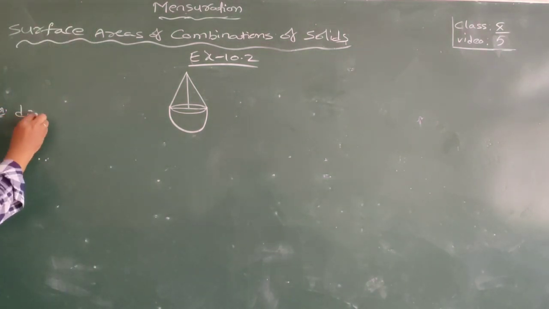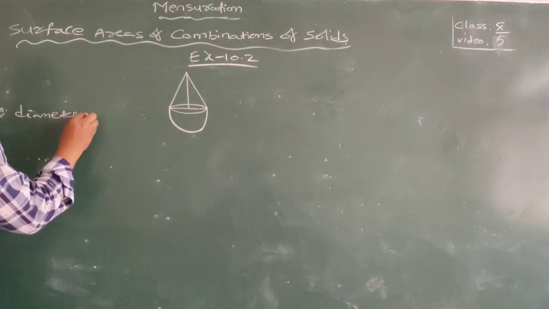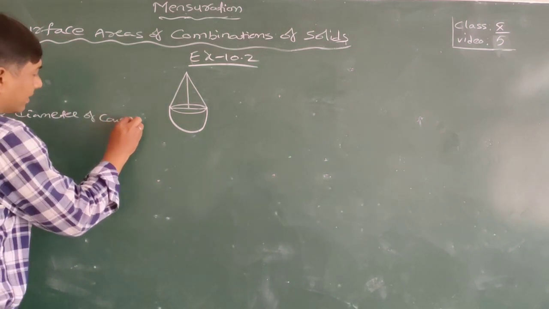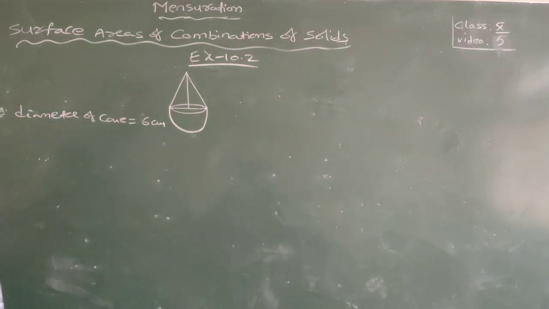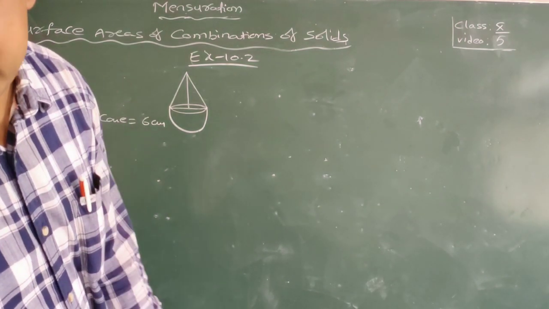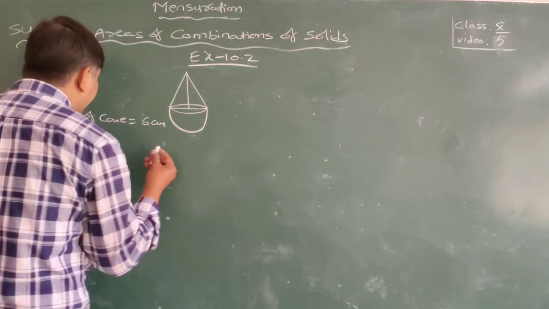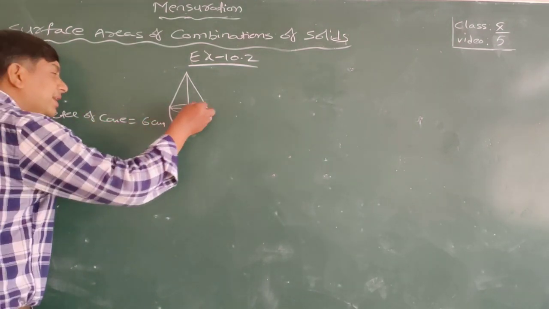Here, the diameter of the cone is equal to 6 centimeters. That means the hemisphere also has the same diameter.